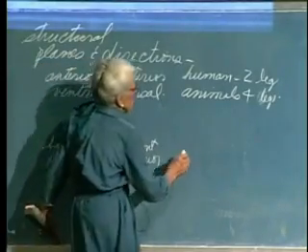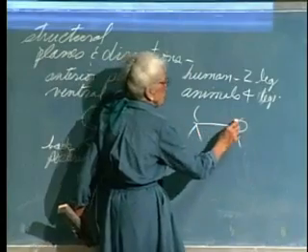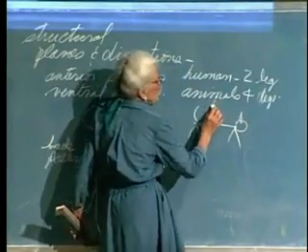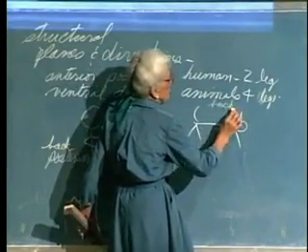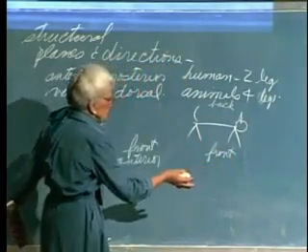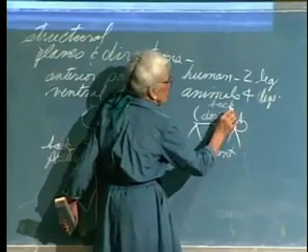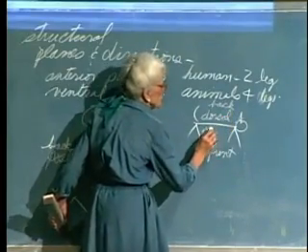If we take the little animal who's down here on 4 legs, this is back, this is front, but the early anatomists call this dorsal and this ventral.